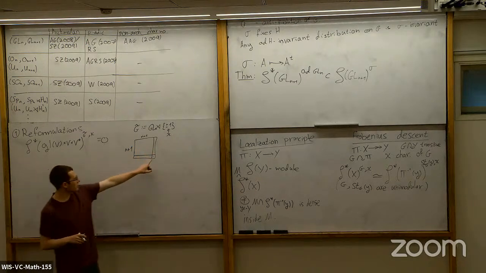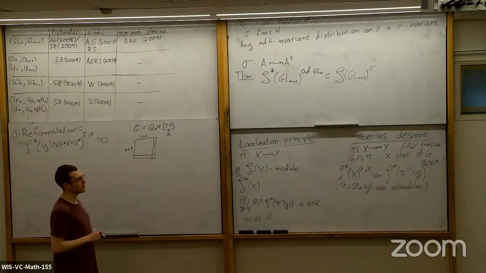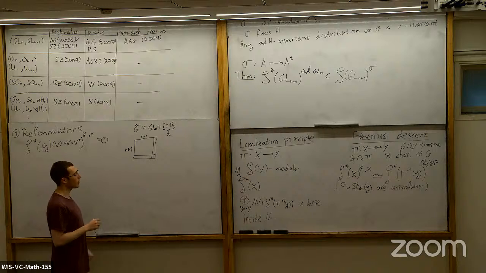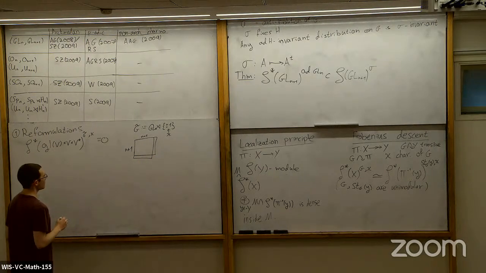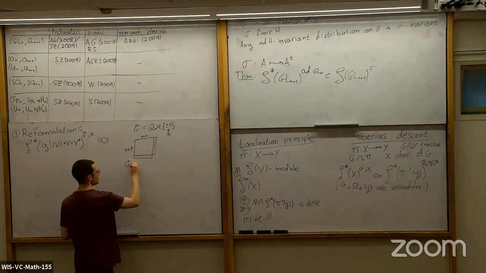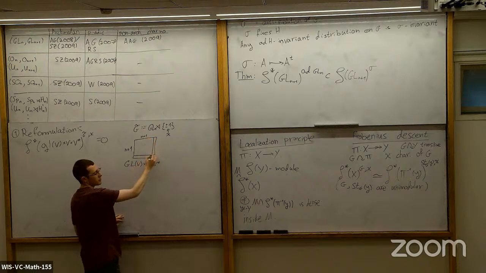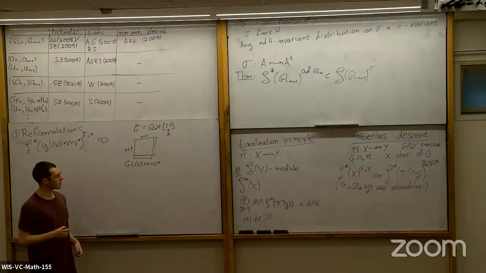Now we can get rid of this last entry by the localization principle. So we separate each possible value, and then all are the same. So we just ignore it. And then we have GL of V times V times V star, because this column vector is naturally in V, and this row vector is naturally in V star.